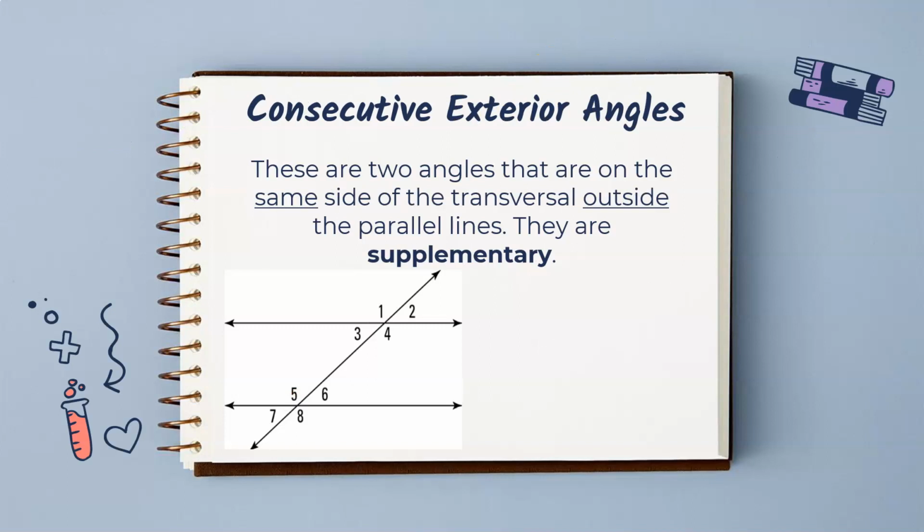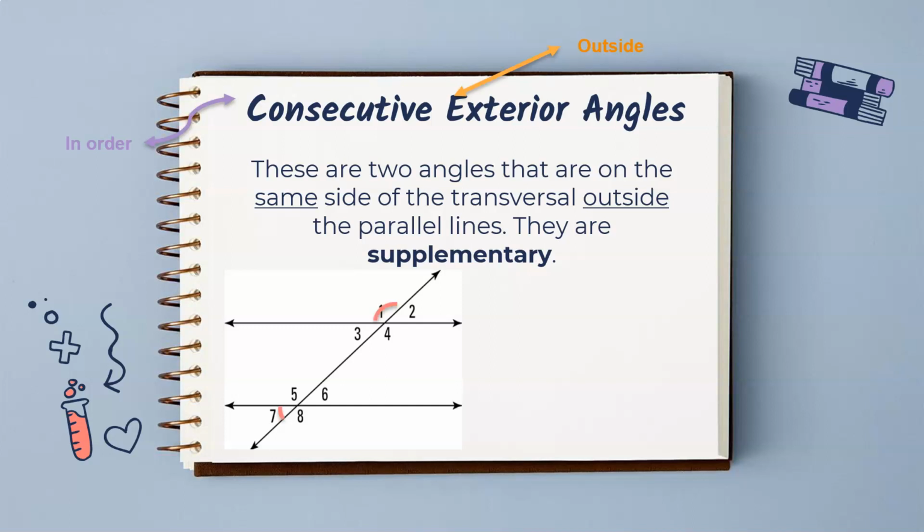The next one is consecutive exterior angles. So these are on the same side of the transversal, outside of the parallel lines. These ones are also supplementary, because if I cut them up and put them together, it would make a straight line. So consecutive in order, exterior, outside.